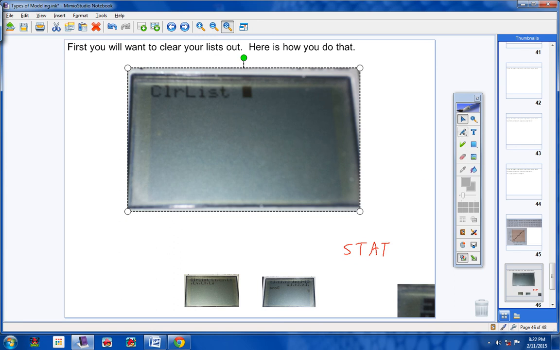If you will follow my instructions carefully, I will teach you how to do this, okay? So right now your calculator should say clear list, and the cursor or the box should be right here. I want you to go down and look at number 1 on your calculator. So way down at the bottom, you have button number 1, okay? But above that, you should see L1, okay?